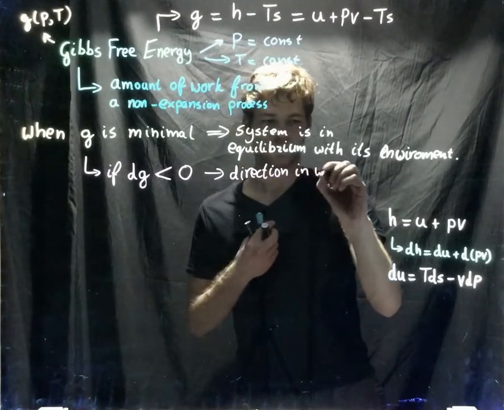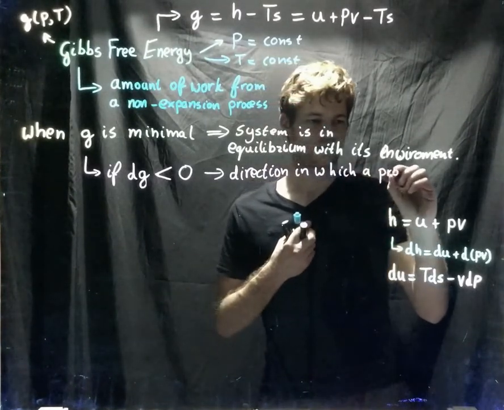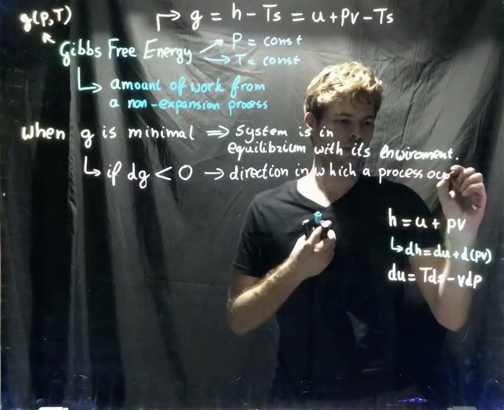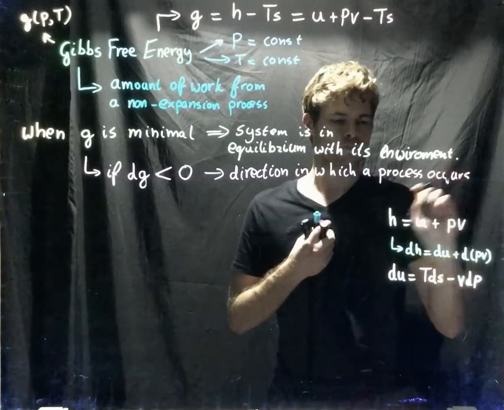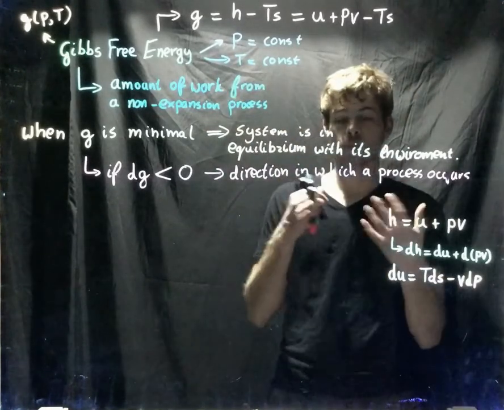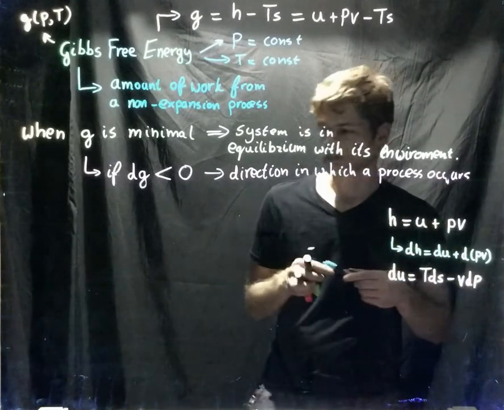And we know that this will be the direction in which a process occurs. That's really interesting because we can use this to predict what will happen when we have a certain process.